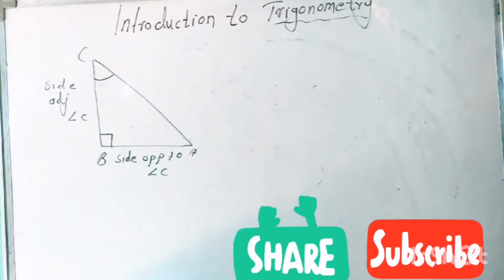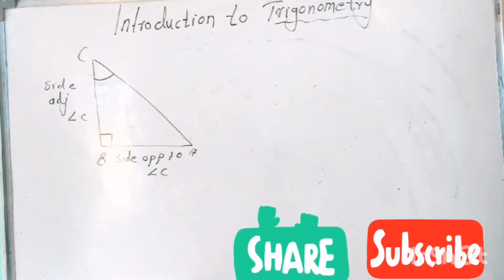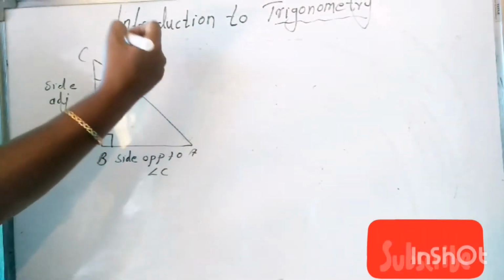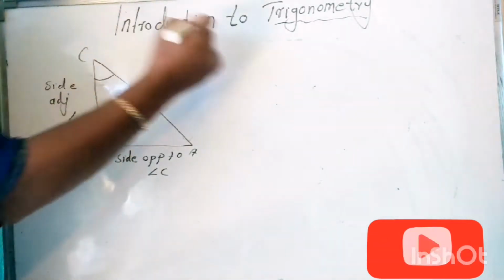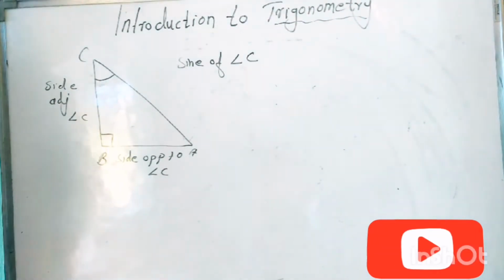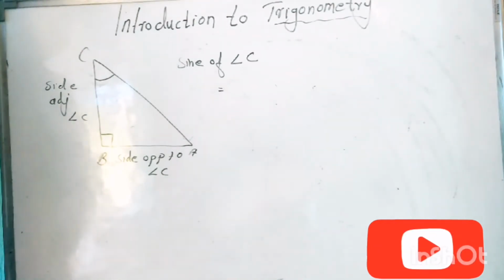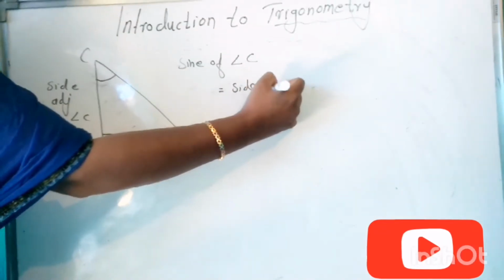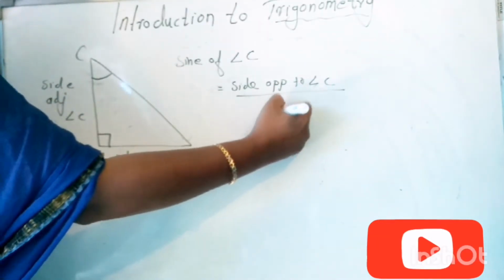Now we are going to define the trigonometric ratios. We have 6 trigonometric ratios. The first one is sine of angle C. Sine of angle C is defined as side opposite to angle C divided by hypotenuse.